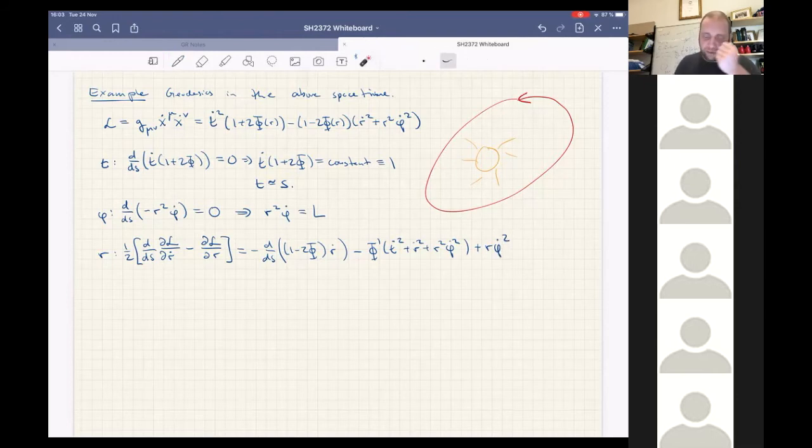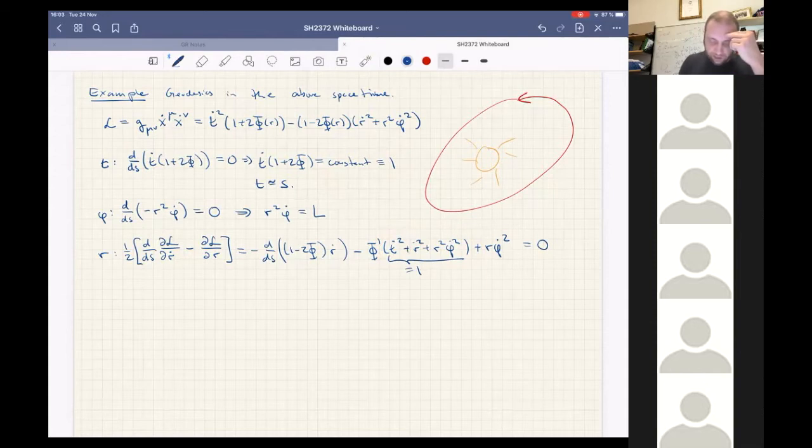Now, if we look at this expression, again, the same thing as we did here. Assuming that this object is slow moving, then the changes in the spatial coordinates are going to be negligible compared to this t dot. And the t dot, we saw that it was 1. So then this entire parenthesis is equal to 1. And it's the Euler-Lagrange equation, so this should be equal to 0.